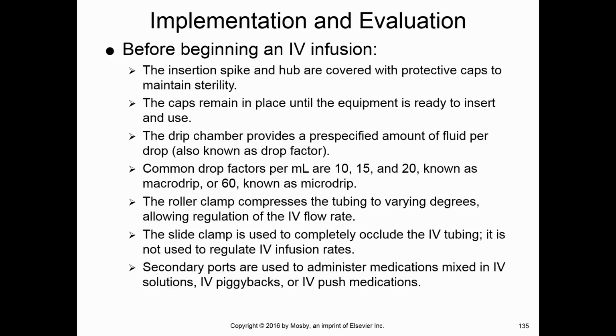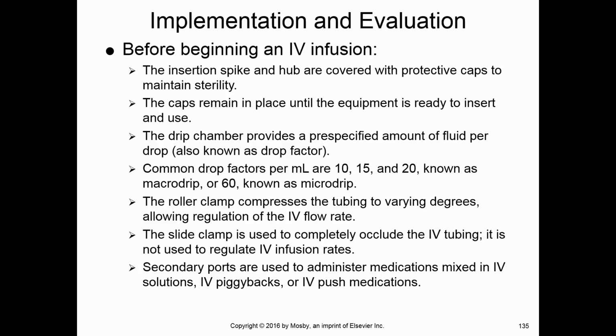The one thing I do want to point out to you is, so there's this thing called drip factors. So where that spike is that we put through that little canal in the IV bag, so where the fluid drips into that little chamber that we filled halfway with fluid before we primed our tubing, so the drips that come out of there, so there's different drip factors.